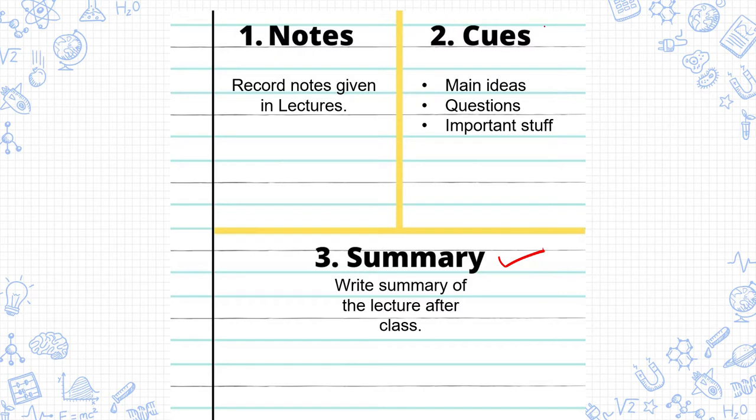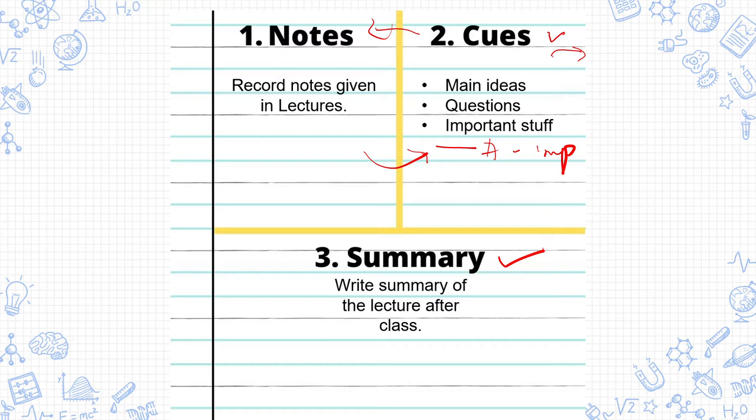And Qs you can write during the class, during the lecture, when the professor says, oh yes, this is important, make sure you are listening to it. Then you write that over here in the Q, that it is important. You can also write these cues later on after the class when you are recalling everything done.